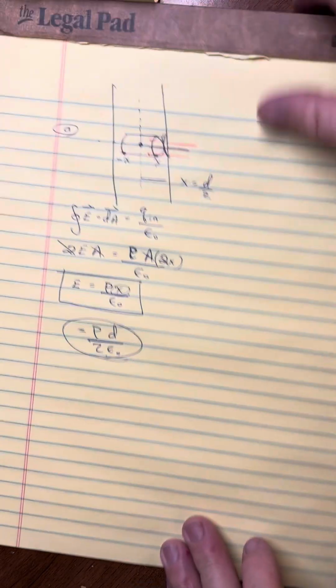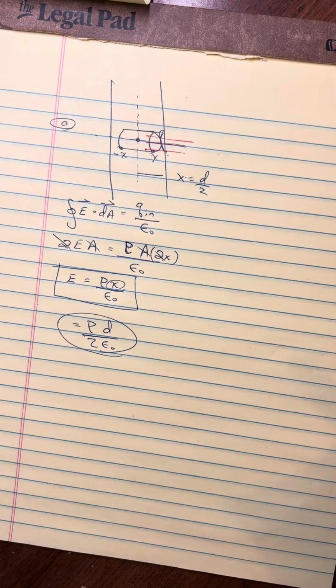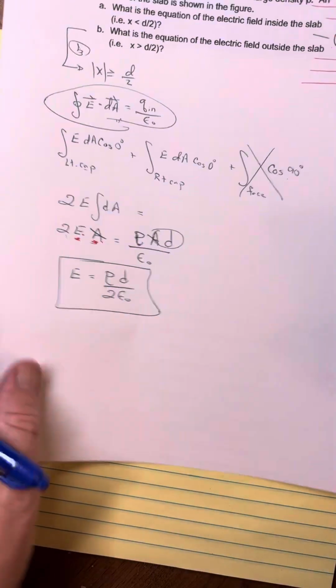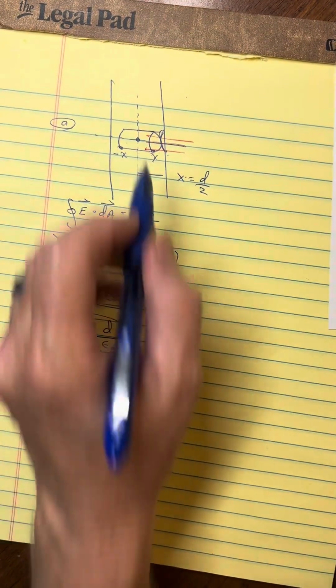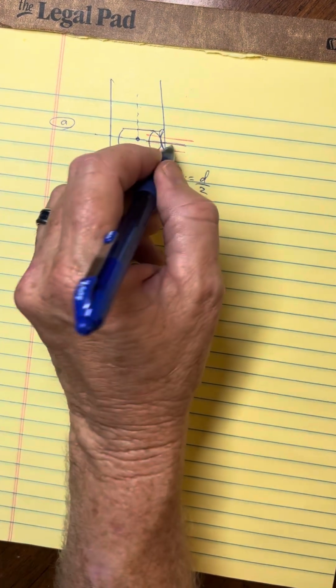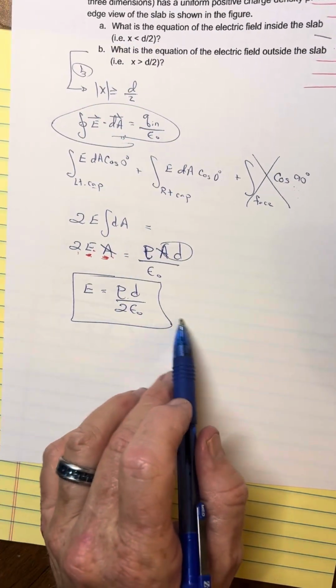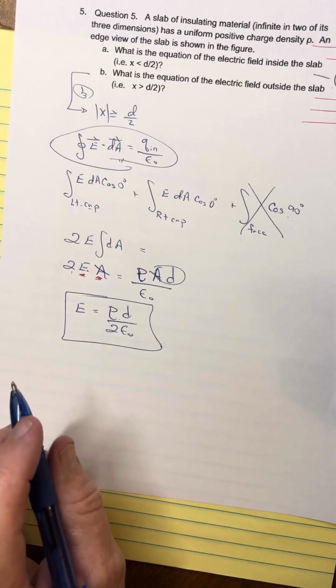What did I do with my part A? Oh yeah, part A was on this sheet here. Good, makes me feel good that they match at the boundary. And so in other words, this says the field gets bigger, reaches some maximum at the boundary, and then as we get outside, it stays the same, that maximum value all the way on the outside.